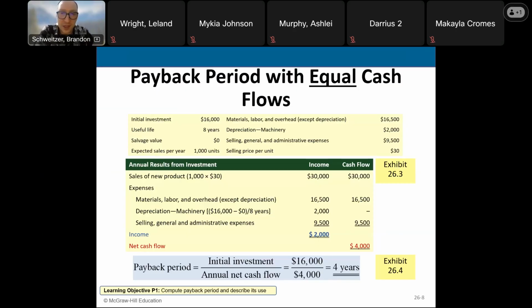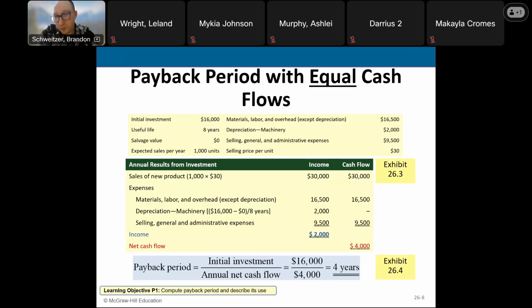So that's why we see on the right side the actual cash flow. We got sales, 30,000. We actually sold 30,000 in cash. So 30,000 is the cash coming into the business, minus the cash going out of the business for operating activities. We have materials, labor, and overhead that we paid out in expenses, 16,500.